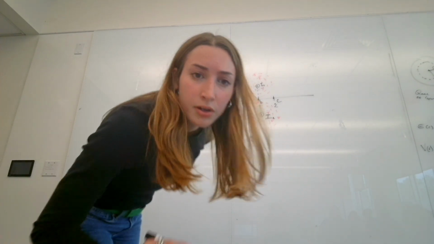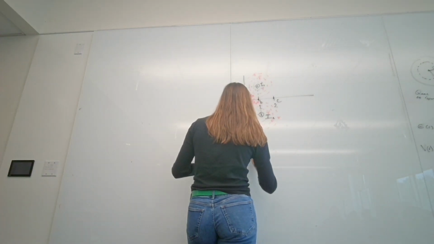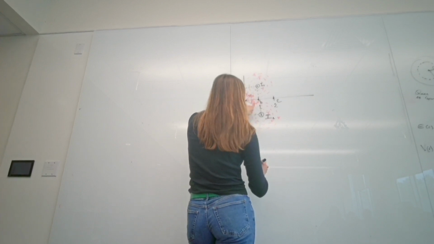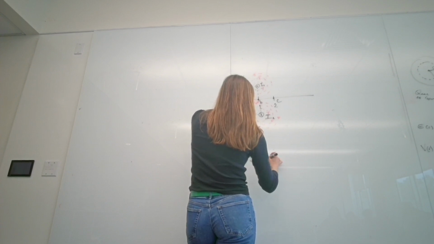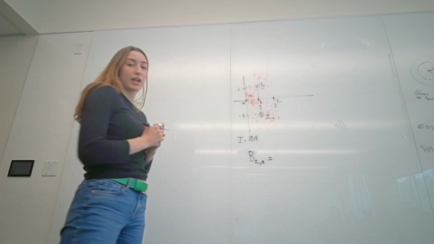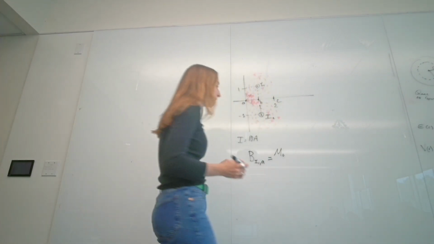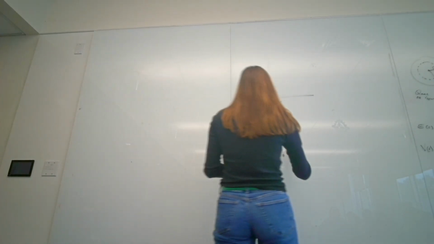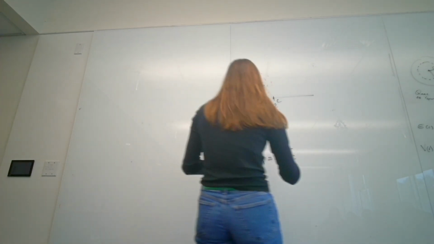So let's do the magnetic field. We're going to do B. Let's do I1, so the magnetic field that I1 causes at point A. You're given a formula that says the magnetic field formed by a current carrying wire is mu naught I over 2 pi d.